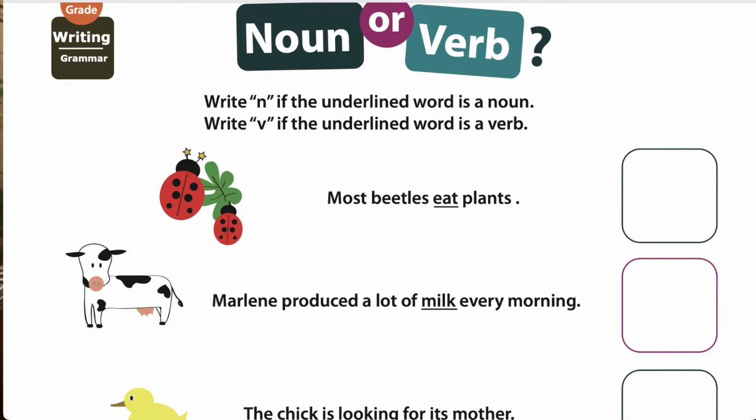So we did this already. This is a review. I want you to do this. I'm not going to be telling you what to do. So I'm going to go ahead and put in the V for the very first one. That one is a verb. I'll even make it a little bit bigger. Okay, so we have the answer for that one.